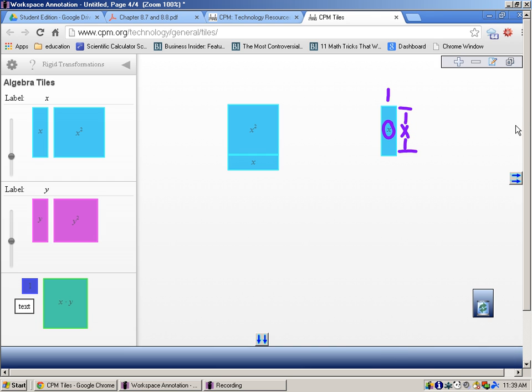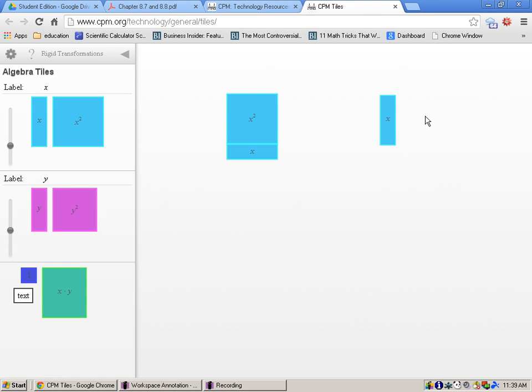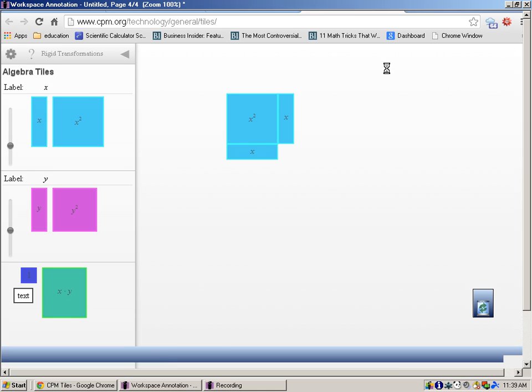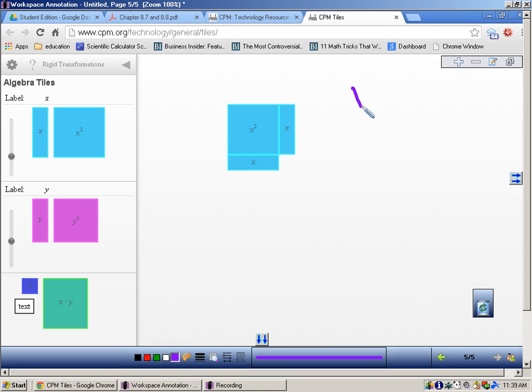Good. Let's move it on over. To represent this as a quadratic, we have x squared plus two x's, x and x. So the area of that shape is a quadratic called x squared plus 2x.